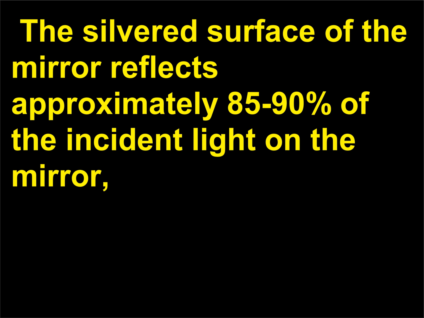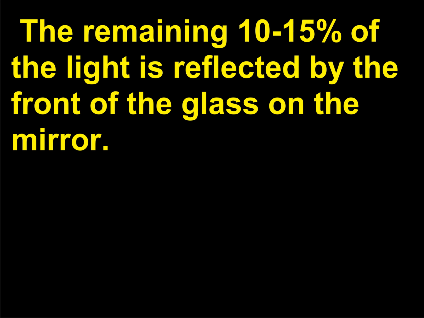The silvered surface of the mirror reflects approximately 85 to 90% of the incident light on the mirror, which is now directed toward the ceiling. The remaining 10 to 15% of the light is reflected by the front of the glass on the mirror.